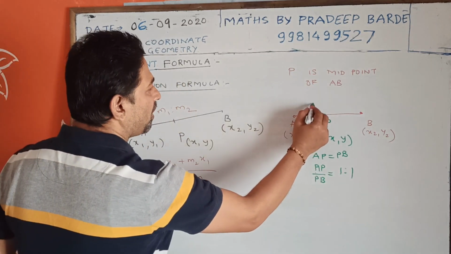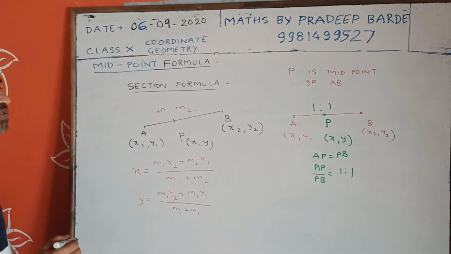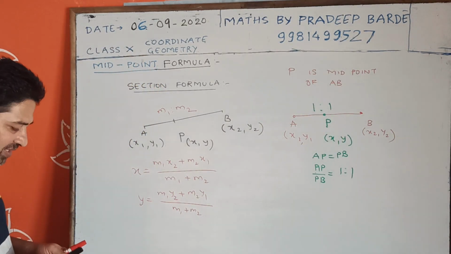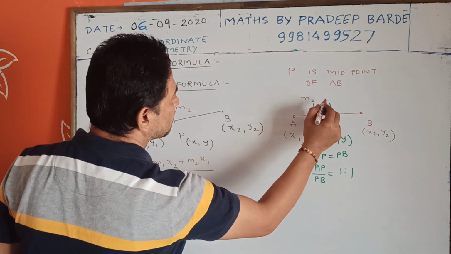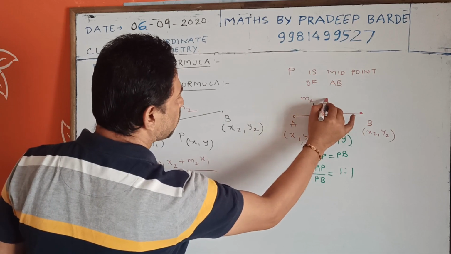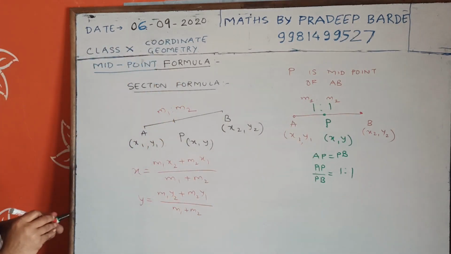So here by taking the ratio as 1:1, that means m1 is 1, m2 is also equal to 1.